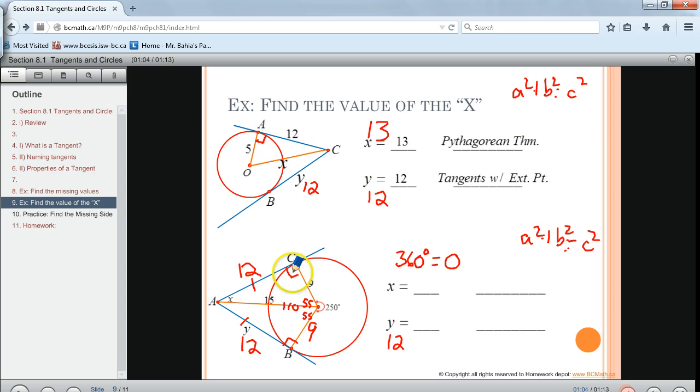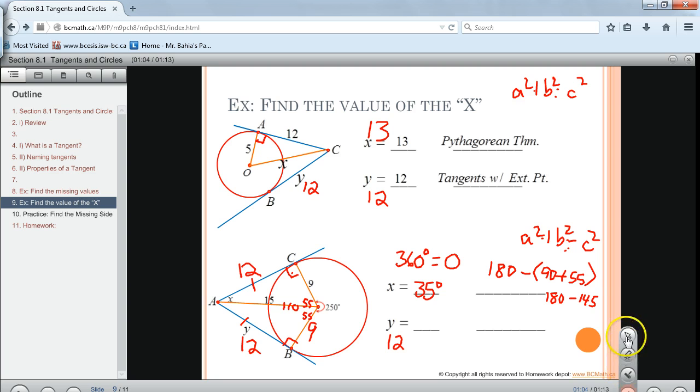So 180 minus 90 and 55 gives you 180 minus 145, which is going to be 35 degrees.